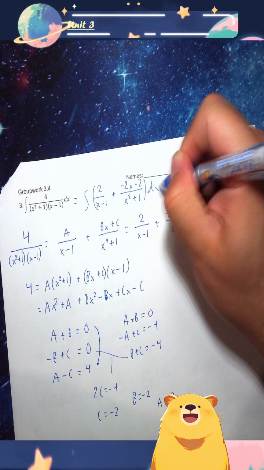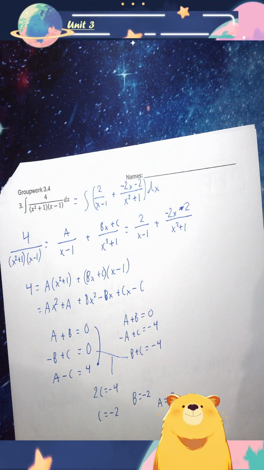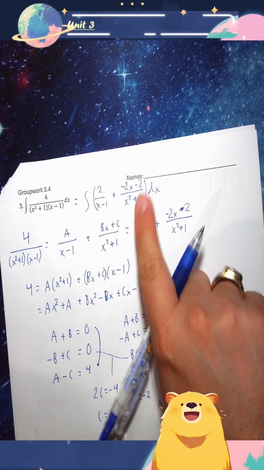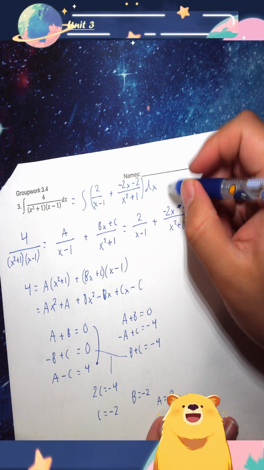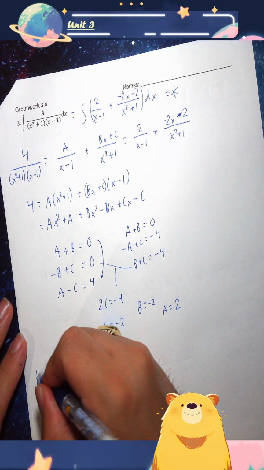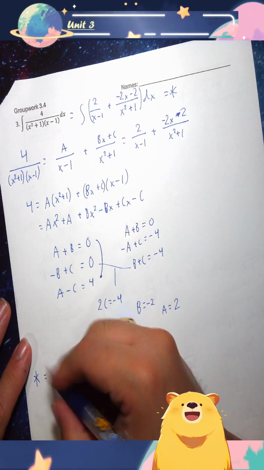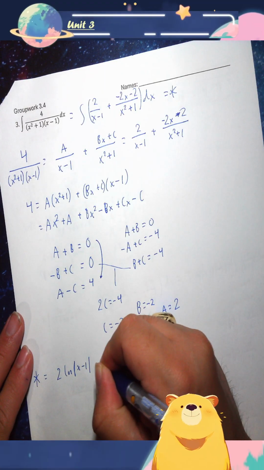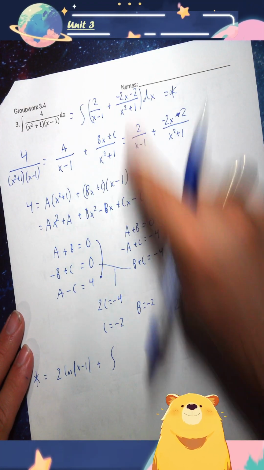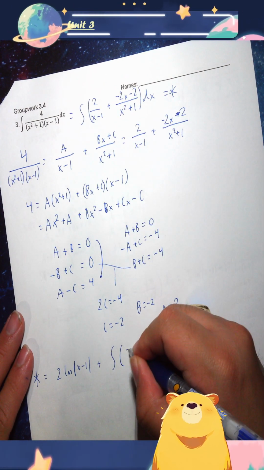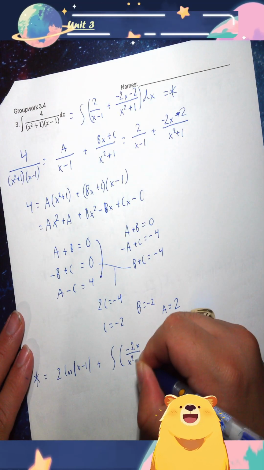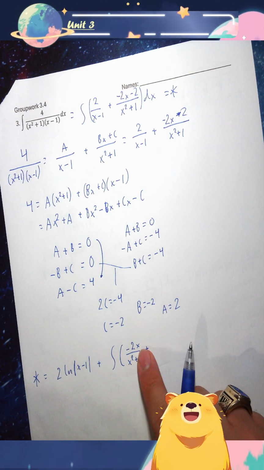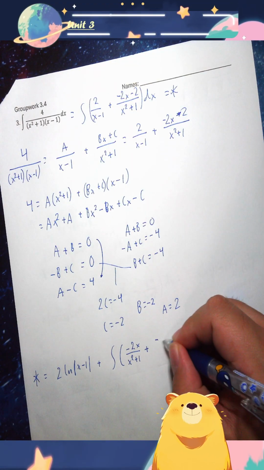From here, what I want to do, which will probably be easier, is split this fraction because, hold on, I'm gonna run out of space. Well, for the first guy, I know I can evaluate right away. It's gonna be 2 ln x minus 1. But I'm gonna split up this fraction because there's gonna be one version of it where I'm gonna use u substitution because its derivative appears in the multiplicative product.